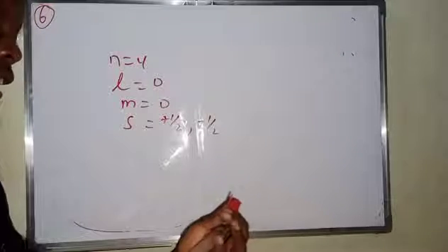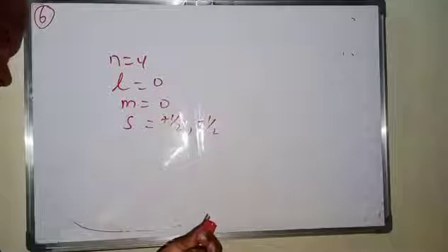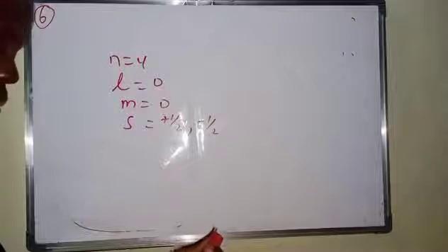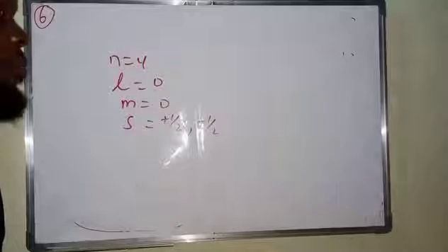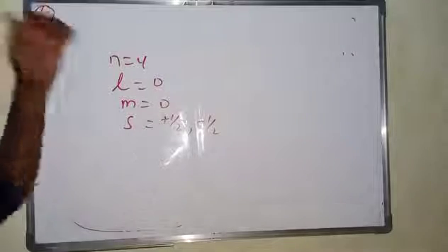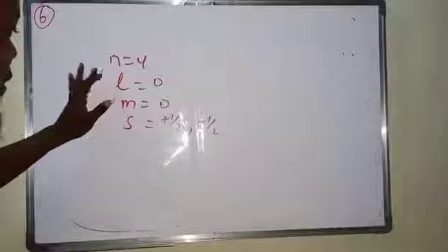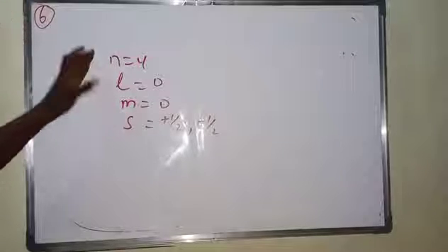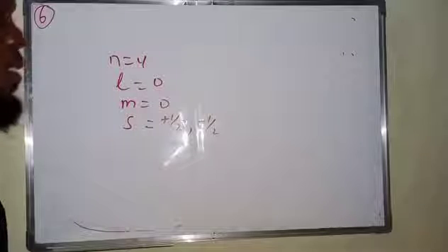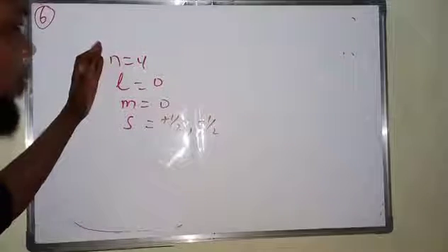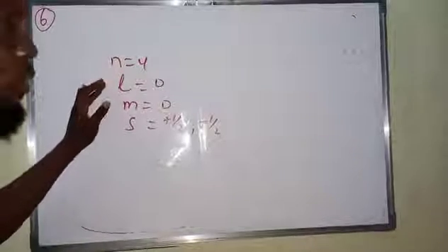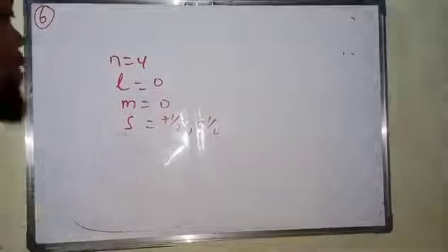the atom is likely to be A boron, B sodium, C potassium, and D fluorine. So we are given the four quantum numbers of a particular electron: the principal quantum number, the azimuthal quantum number, the magnetic quantum number, and the spin.